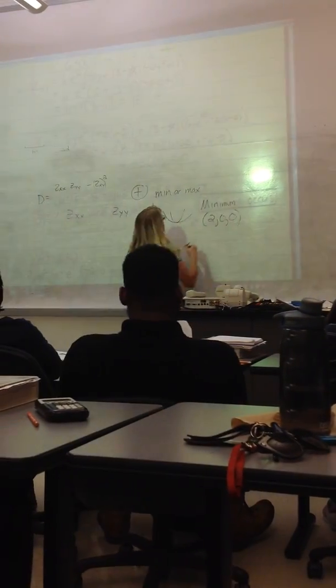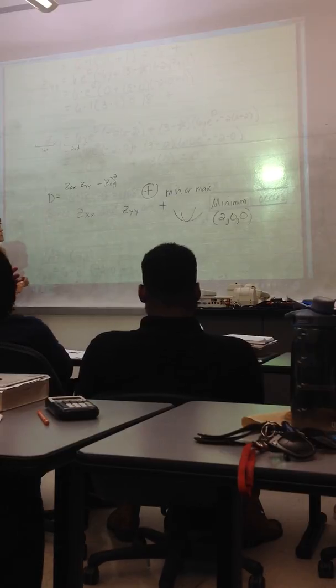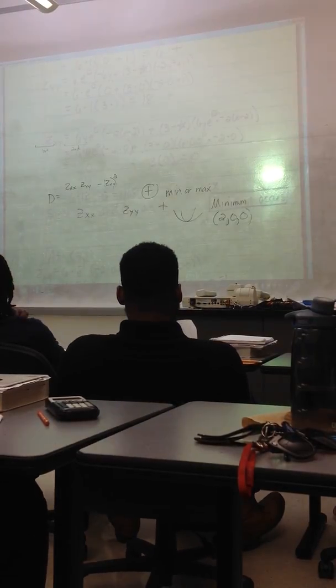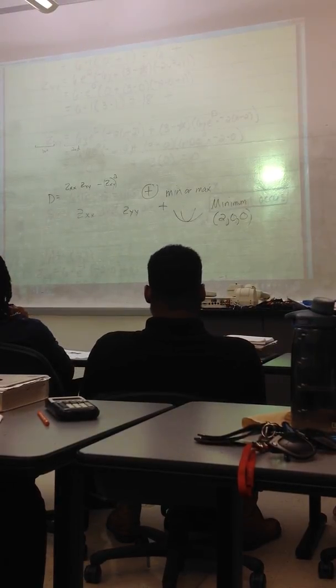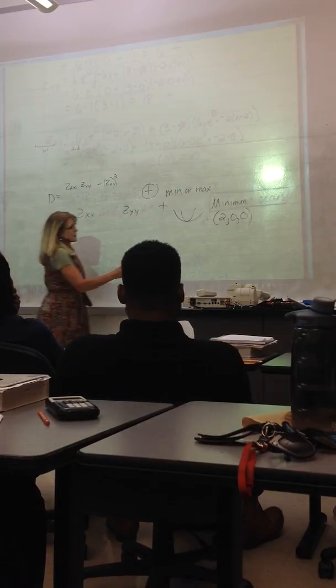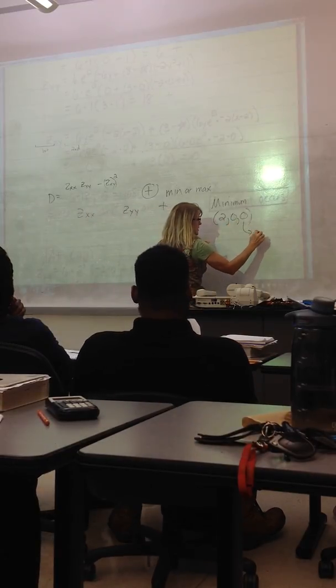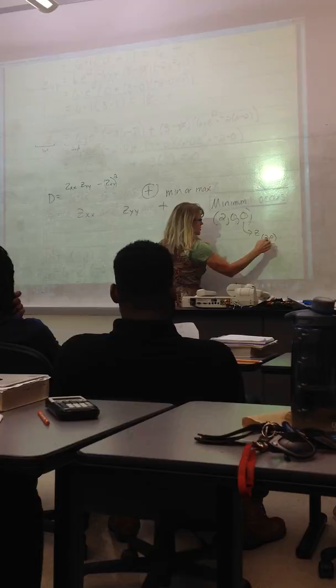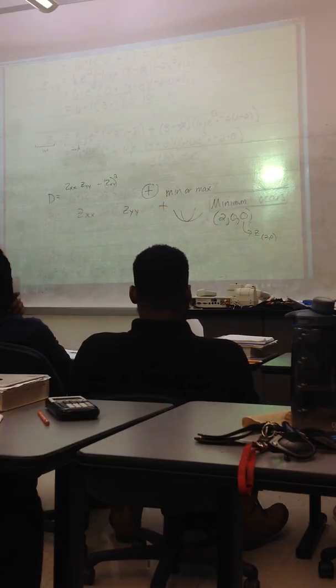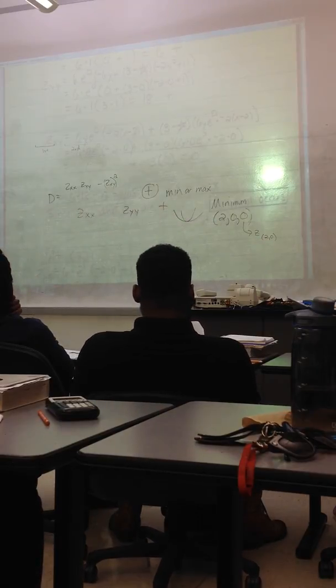If you plug 2 and 0 into the original equation, you end up getting 0. So this is z when you plug 2 and 0 in for the x and the y, the original function.